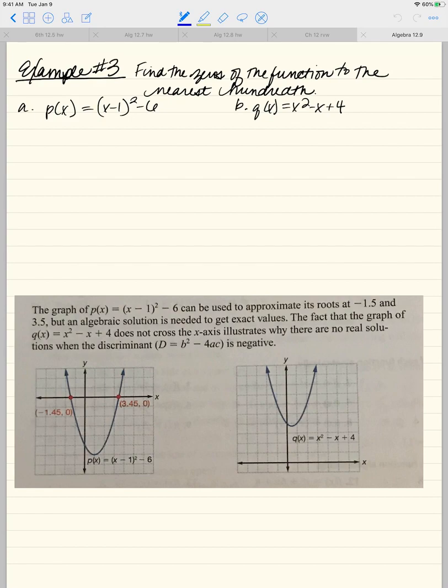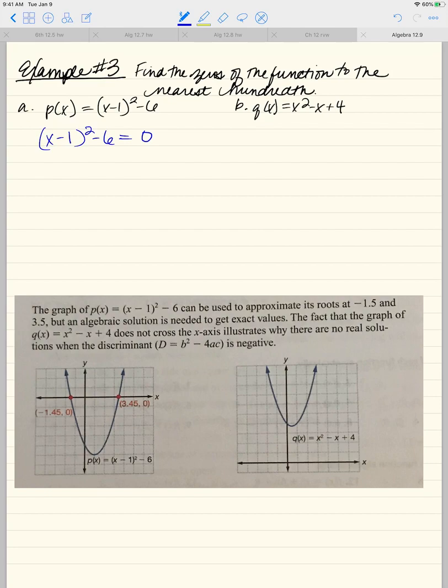Example number 3, find the zeros of the function to the nearest hundredth. Okay, find it to the nearest hundredth. P of x is equal to x minus 1 squared minus 6. So step number 1, we're going to set this equal to 0.